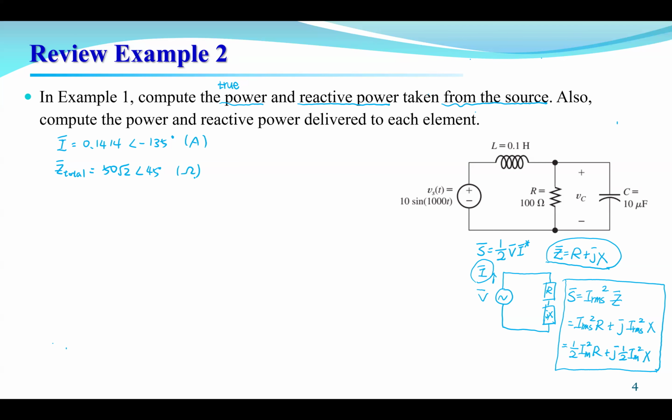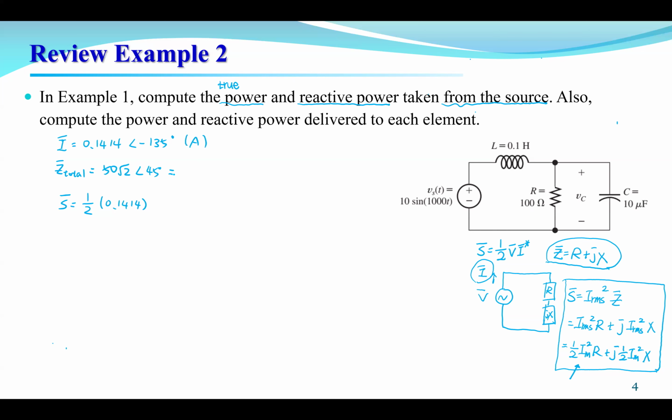Since we are calculating the true power and reactive power from the source, we can directly write S equals 1 over 2. I just use the formula here. The amplitude of current is 0.1414 times R. Because we need R and X, we need to convert the polar form of the total impedance into rectangular form.